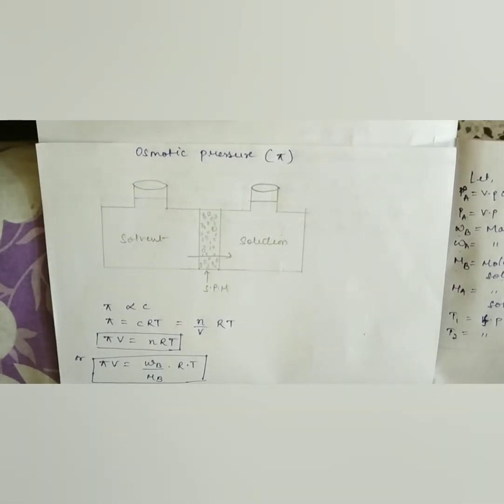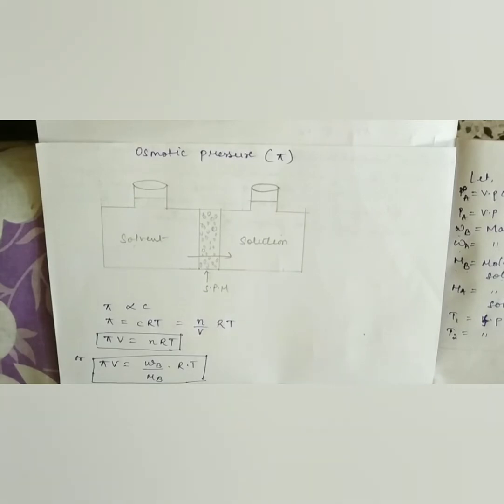Now, what do we mean by SPM or semi-permeable membrane? A semi-permeable membrane is a membrane which is selective in nature and permits only the solvent molecules to pass through it, even when the size of the solvent molecules is greater than that of the solute molecules.